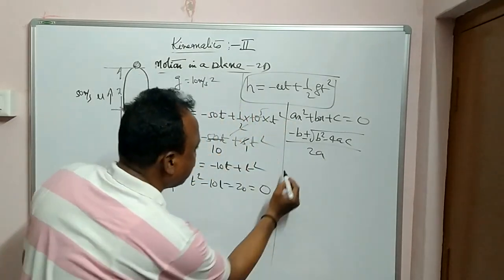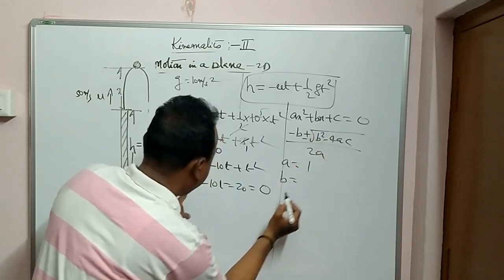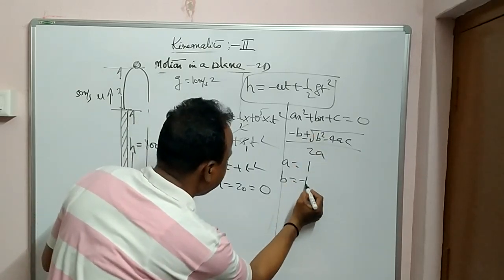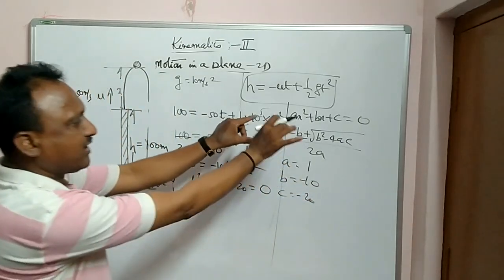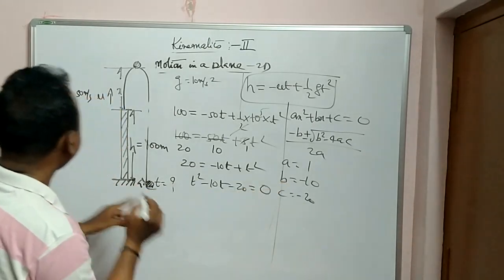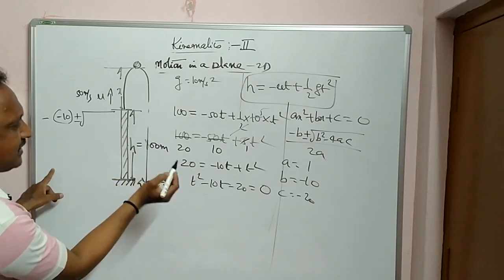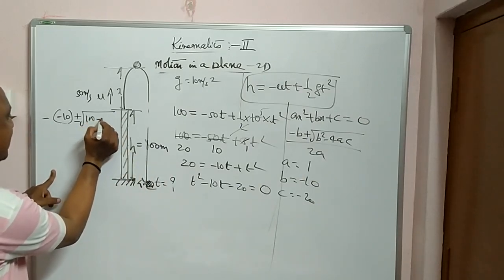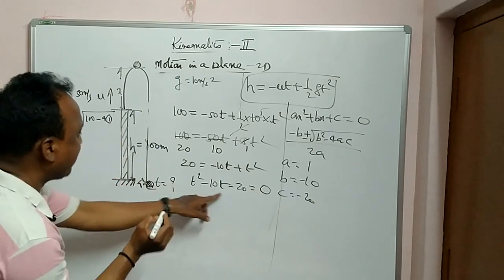Here a, the first term, is 1. b is minus 10, this is t. And c is minus 20. Put all the values in that formula. Minus b, what is b? Minus 10. Minus b plus minus root over b square, minus 10 whole square, that is 100, minus 4a, a is 1, c is minus 20.